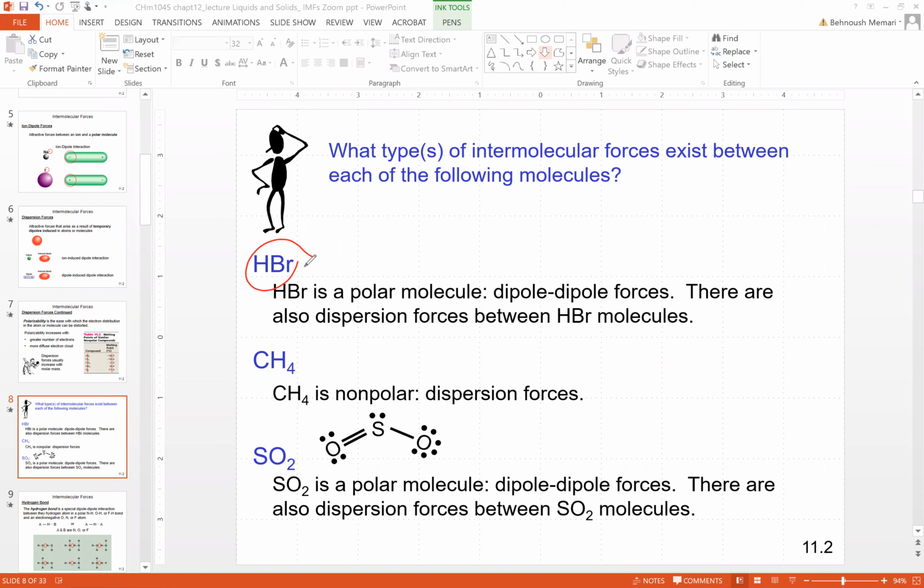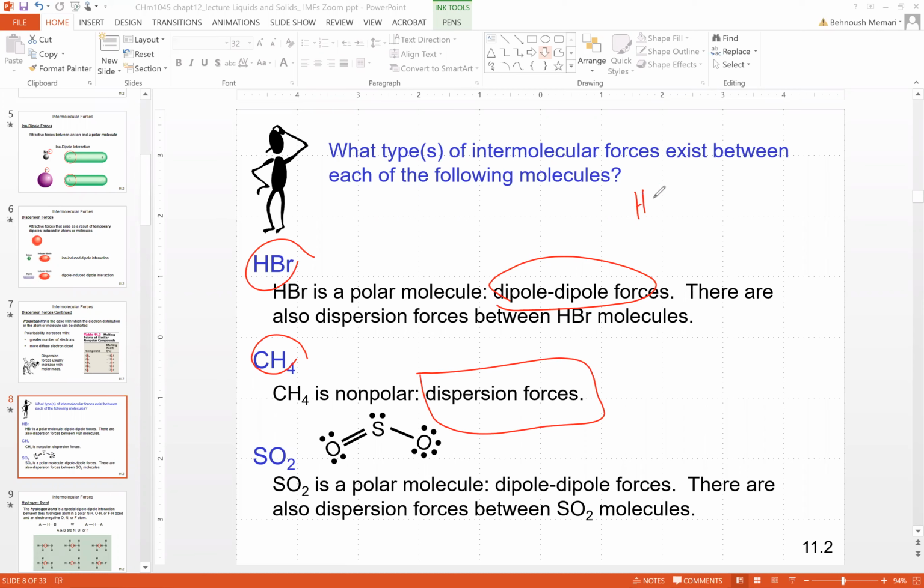Since HBr is a polar molecule, we know that it has dipole-dipole forces. CH4 is a non-polar molecule. How do we know? From VSEPR and the polarity of the molecule based on its shape, we know that CH4 is non-polar. So since it's non-polar, we have dispersion forces.